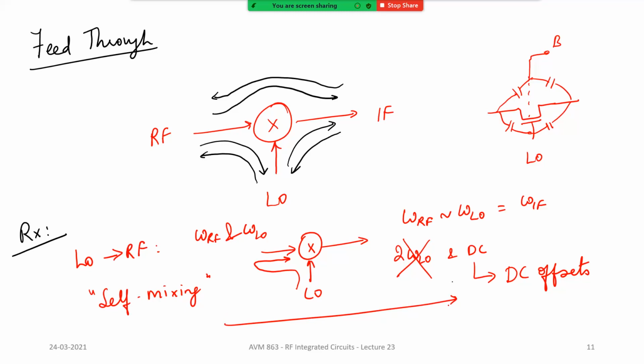There is also one more effect. Let's say this is your LO, this is your RF. Your RF has an LNA, and then it goes to your antenna. Now the reverse isolation of your LNA may not be very good.